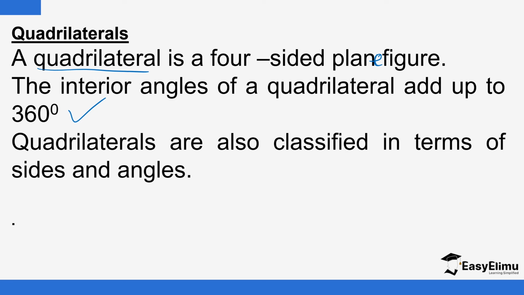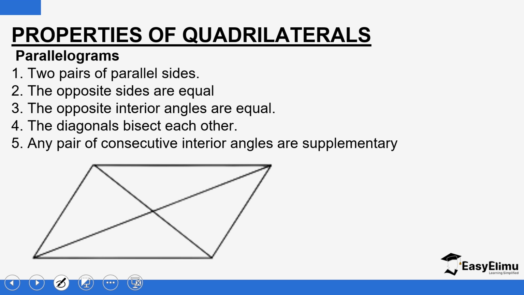What qualifies one particular quadrilateral to be called a particular name? It depends on certain characteristics that it has, majorly based on the sides and interior angles. So quadrilaterals are classified in terms of, one, the sides, and two, the interior angles.